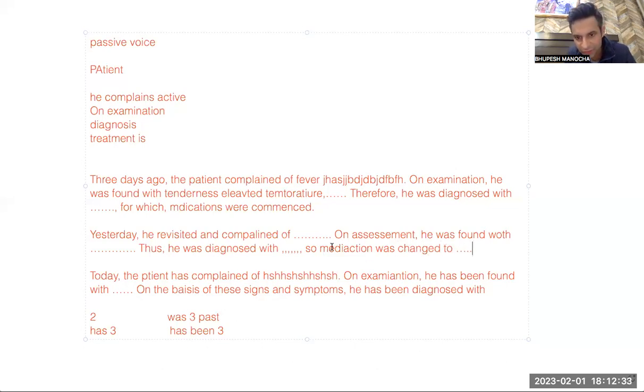Even if we are changing the medication, that is done by us. So there is not much grammar in OET. Active, second form. Passive, was plus third form. Present tense, today, has plus third form. And passive, has been plus third form. That's it. This is pretty much the grammar.